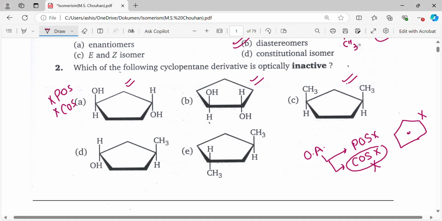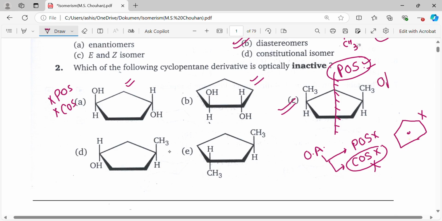In answer C, let's see. There is a plane of symmetry in option C. We can cut this compound into equal halves by this plane. So there is POS, plane of symmetry is present. That's why our answer will be C, because the plane of symmetry is present here.